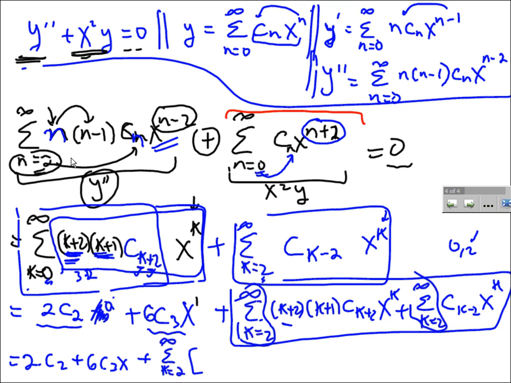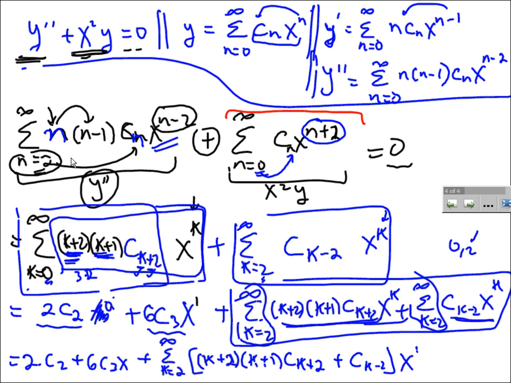So I have this plus that, the summation of this plus that. But this plus that happens to have x to the k in common. So I'm going to factor out the x to the k. Now remember, all of this stuff equals 0.